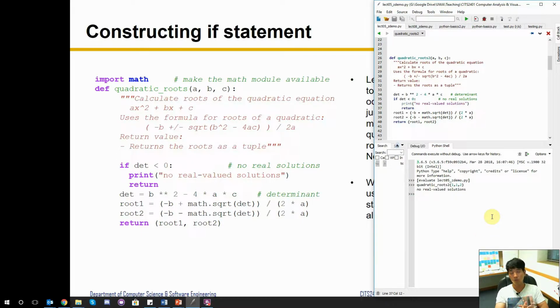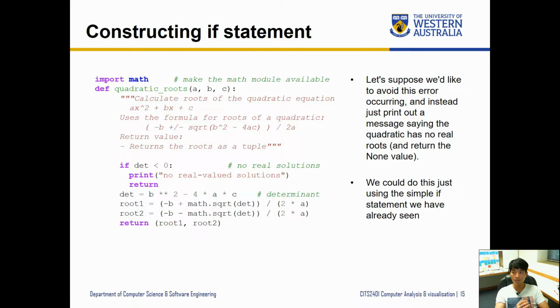I can continue with my program, which says there is no real value solution. What we benefit from is that the program will not crash, which means if you had more calculations after that based on the returned roots, I can continue calculating by capturing this specific scenario where I had no real valued solutions.